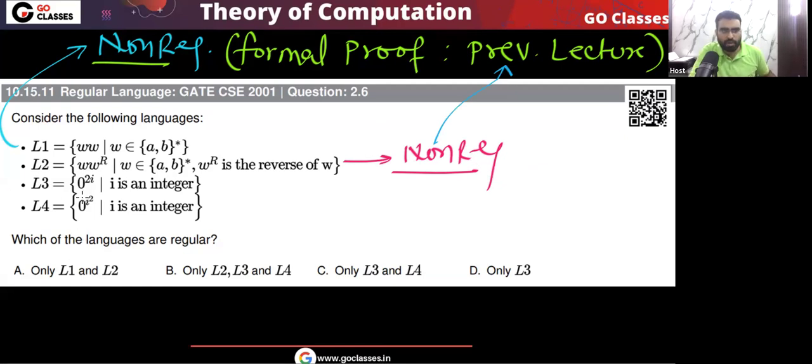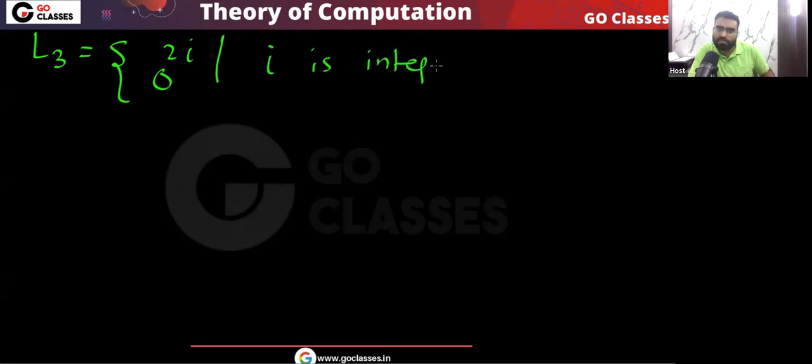Let's see. 0 power 2i and 0 power i power 2, where i is an integer. Let's understand these two. What is L3? L3 is 0 power 2i, where i is an integer. But remember, in the theory of computation, the power can never be negative. Yes or no? Is this clear?